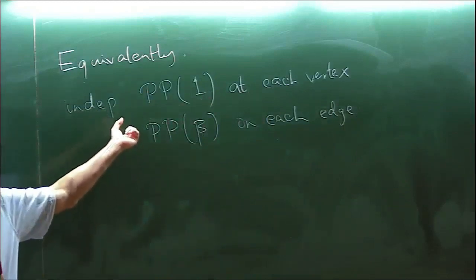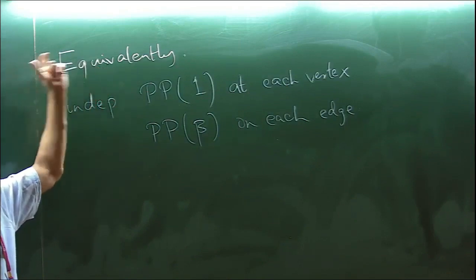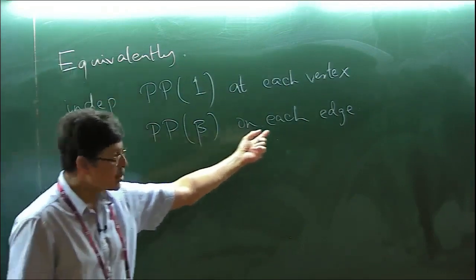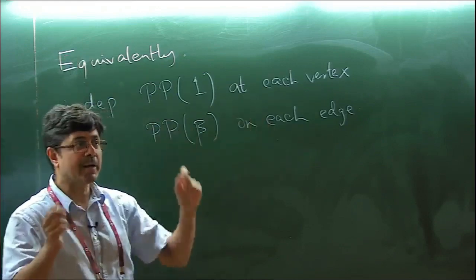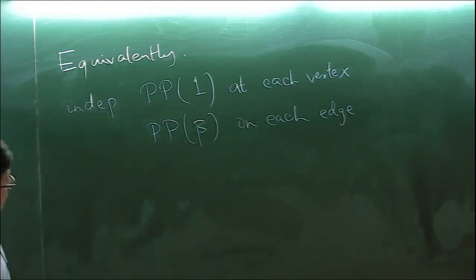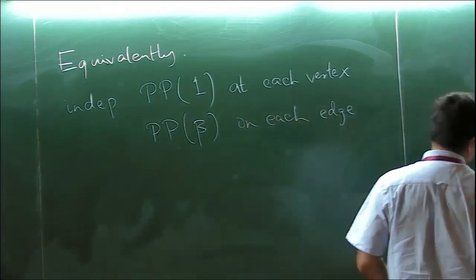Okay. And if your Poisson clock at a vertex sticks, and if the vertex is infected, it becomes healthy. If the Poisson clock on an edge sticks and one end of it is infected, the other end becomes infected. Okay, so that's the model.